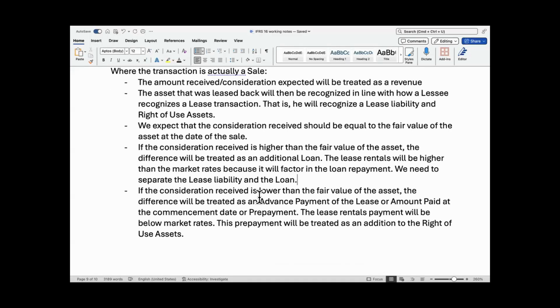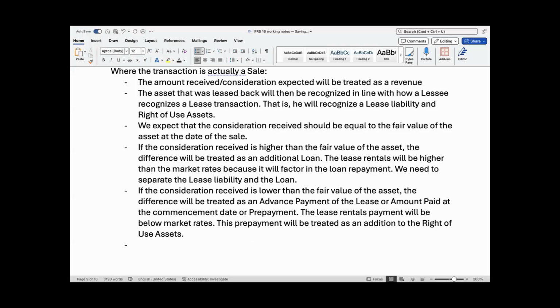But if the consideration received is lower, then we believe that for you to accept a lower consideration, we are going to treat the difference as a prepayment. And prepayments are usually added to the right of use asset. So we are just covering any lapses we can find and adjusting it on the lease transaction.